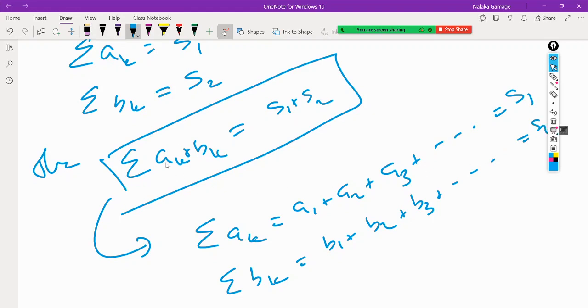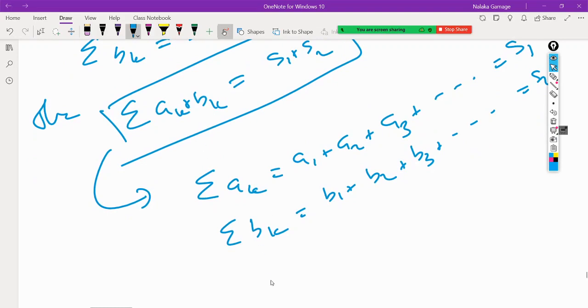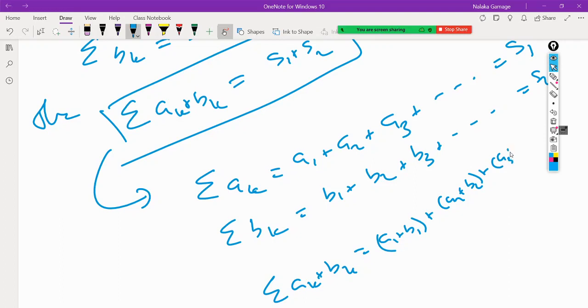Now let's write sigma AK plus BK. The first term is A1 plus B1. Second term A2 plus B2. Third term A3 plus B3. Blah blah blah. Now we can arrange it.